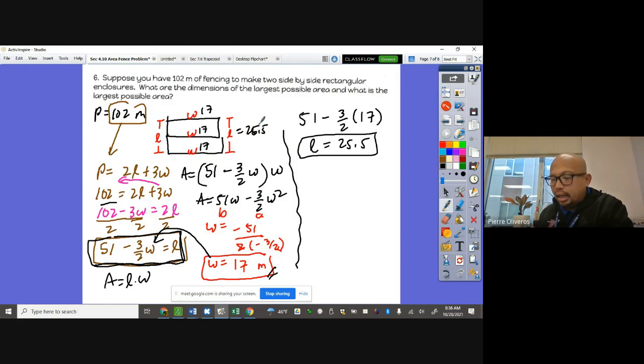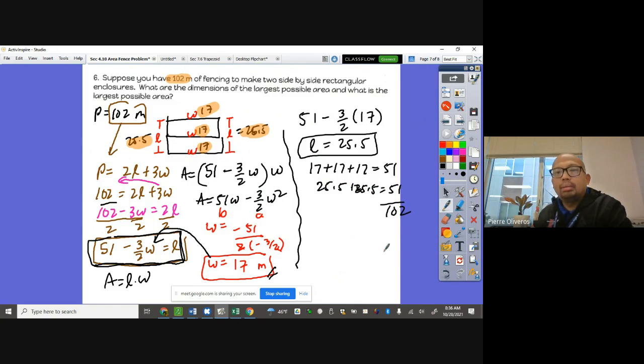For us to check if our answer is right, if you add the 17, 17, 17 and 25.5 and another 25.5, it should be equal to 102. 17 plus 17 plus 17 is 51. 25.5 plus 25.5 is equal to 51. That's equal to 102. So what's the maximum area here, Ethan? 25.5 times 17 gives us 433.5 meters squared. Okay, there you have it.